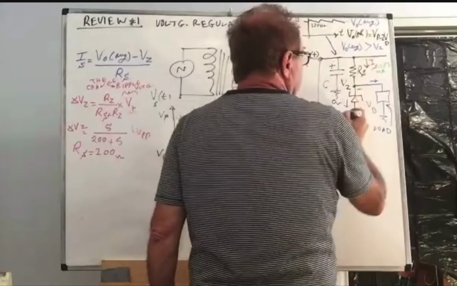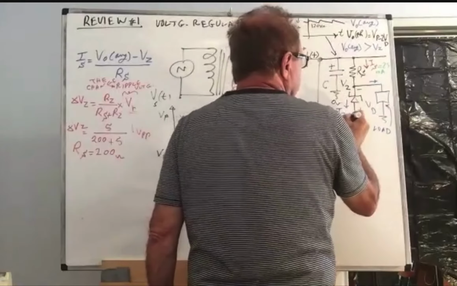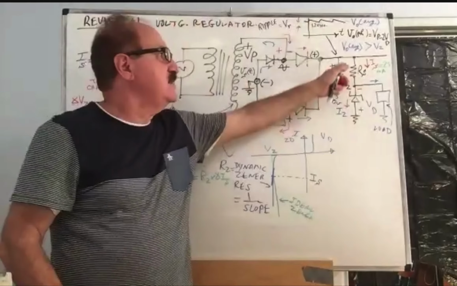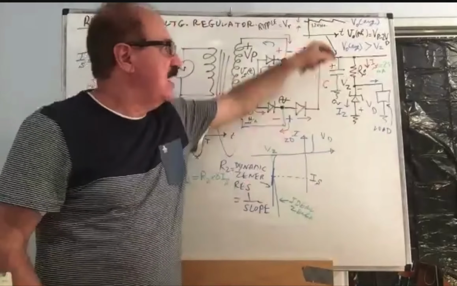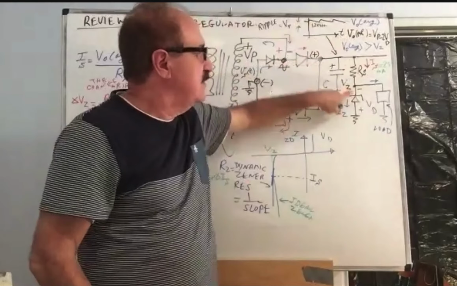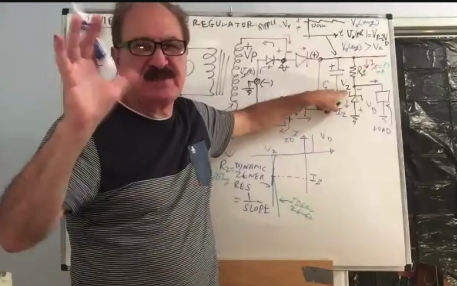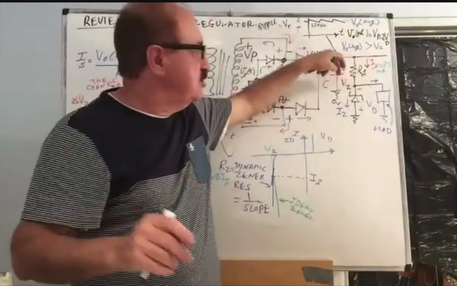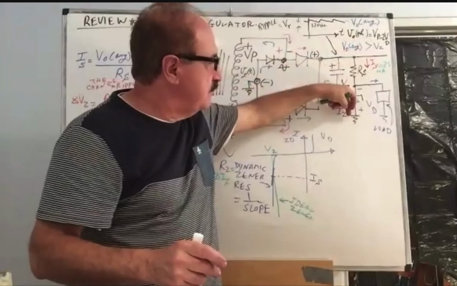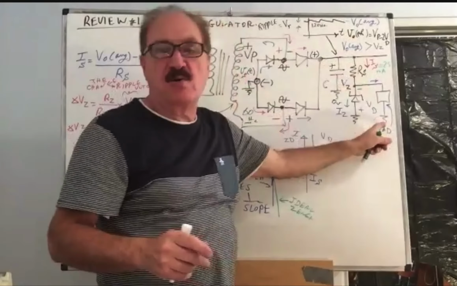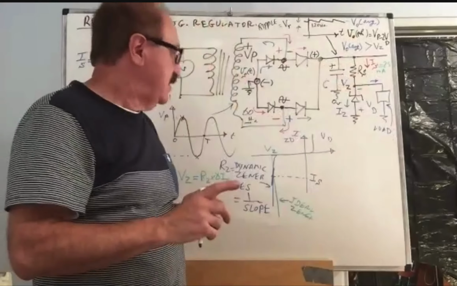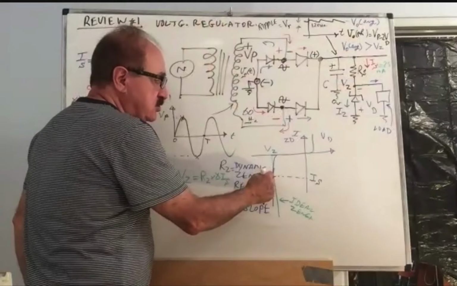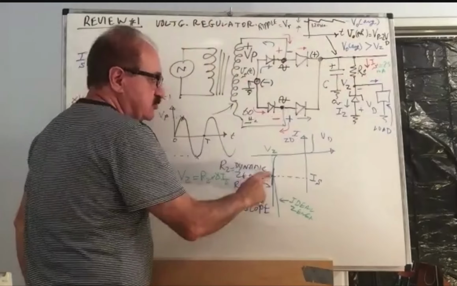There is a current going in here, IZ. The Zener current won't be identical to the IS because as the current comes in, assuming Zener voltage is approximately a constant, it will split into 2 parts. Part of it will go through the Zener, the other part will go towards your load. Fine. But the trick is that you want to stay deep into the Zener region.